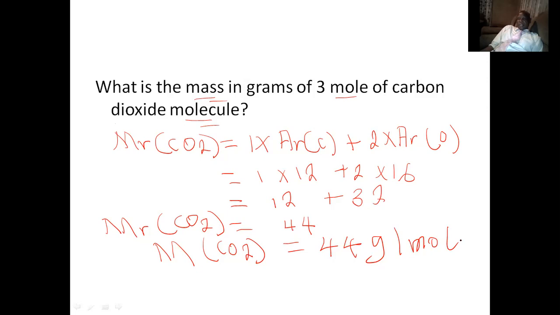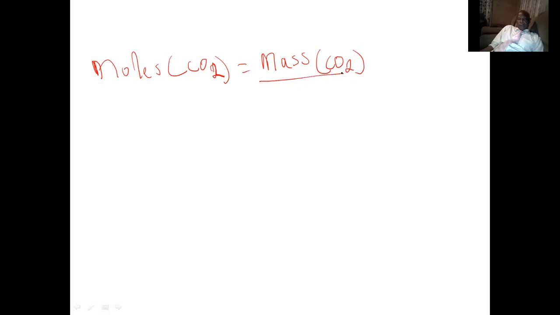And now that we know the molar mass and we know the number of moles, we can say moles for carbon dioxide would be equal to the mass of carbon dioxide divided by the molar mass of carbon dioxide.